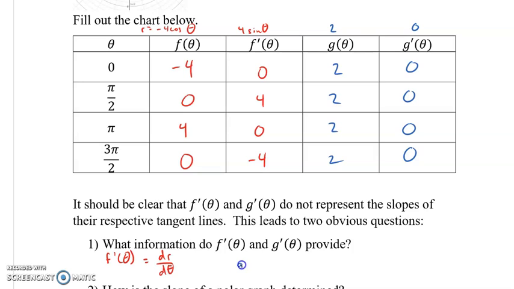And g prime of theta is also dr d theta, different r value, right? Okay, and when we write it like that, we can see, oh, wait a second, this is not the change in y over the change in x. This is the change in r over the change in theta. So when we find the derivative of r with respect to theta, which is what we just did, we're asking how fast is r changing as theta changes.